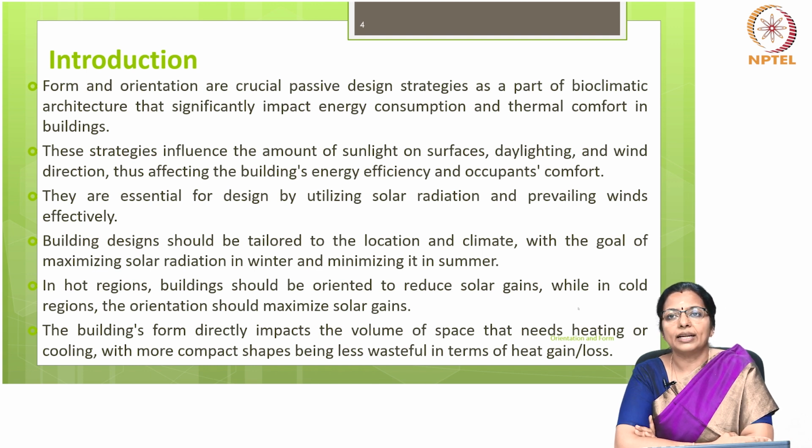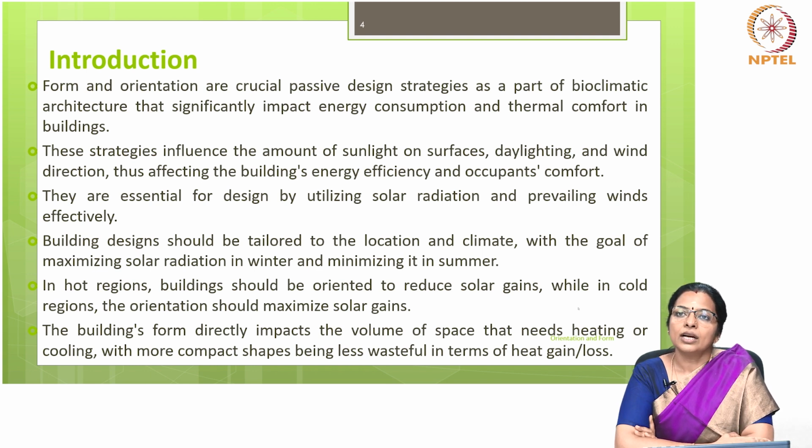The form of a building influences the volume of space that requires heating or cooling, with more compact shapes being more efficient in minimizing heat gain or loss. Because if they are compact and placed close to each other, self-shading helps in minimizing the heat gain inside the building.